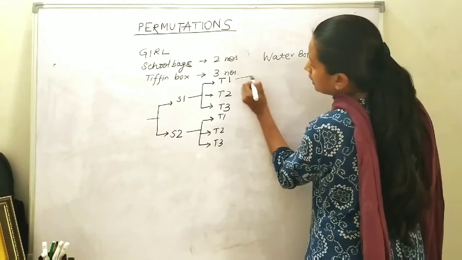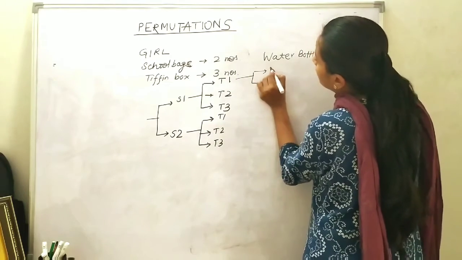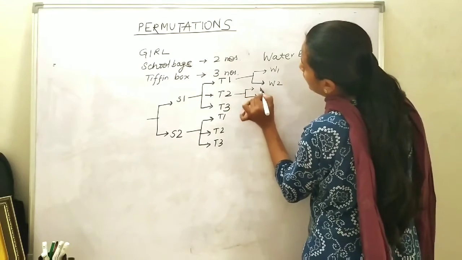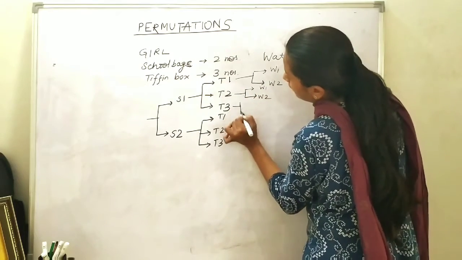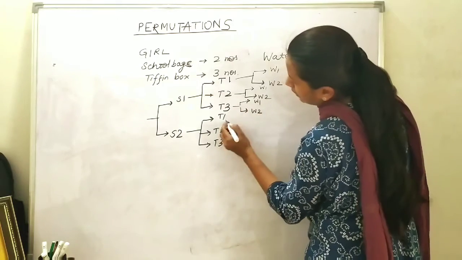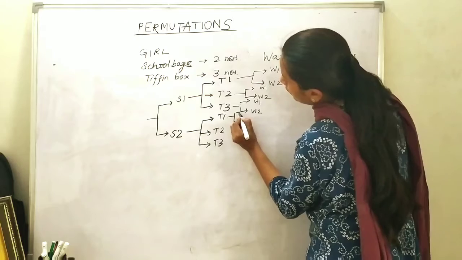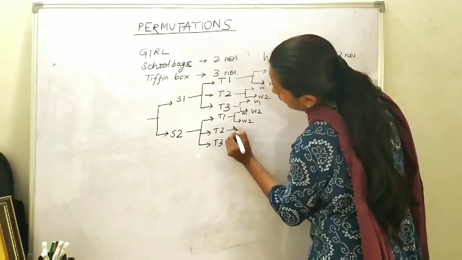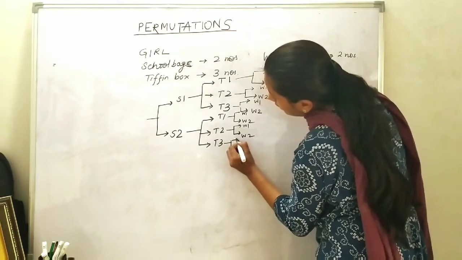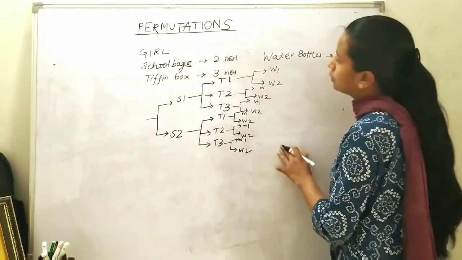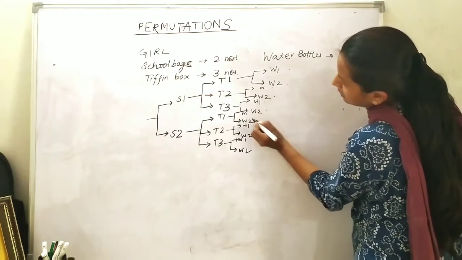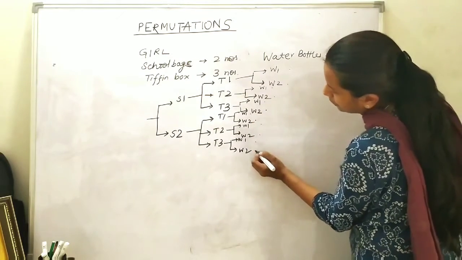With T1 she can take W1 and W2, T2 similarly W1, W2, and T3 also W1, W2. Similarly for S2, W1, W2, W1, W2 and again W1, W2. So the number of combinations we get is 1, 2, 3, 4, 5, 6, 7, 8, 9, 10, 11, 12.